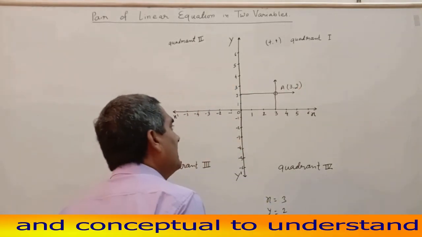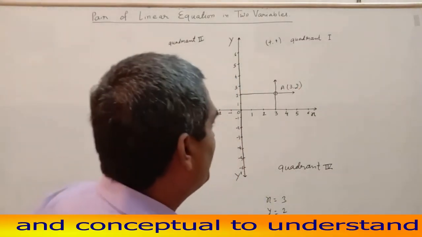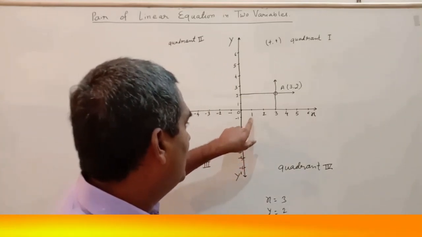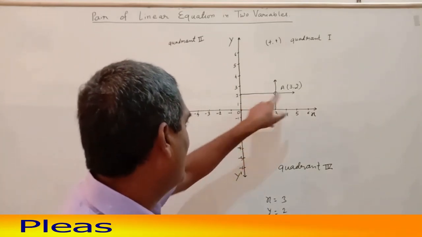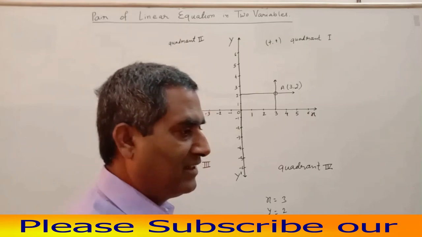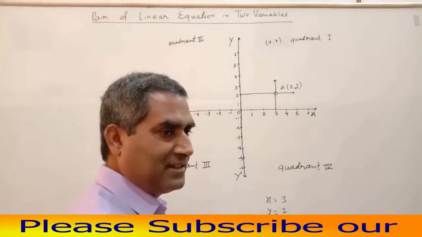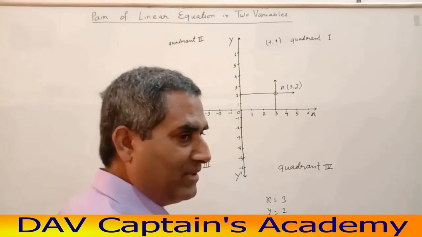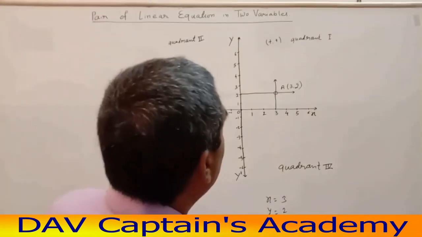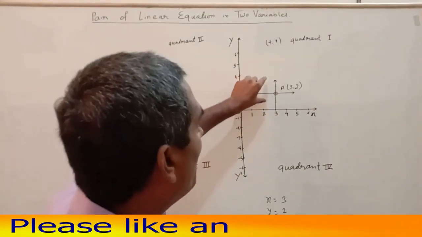So A is the coordinate where x is 3 and y is 2. Do you understand? Is that clear? Any problem? No. Okay. So this is quadrant 1.